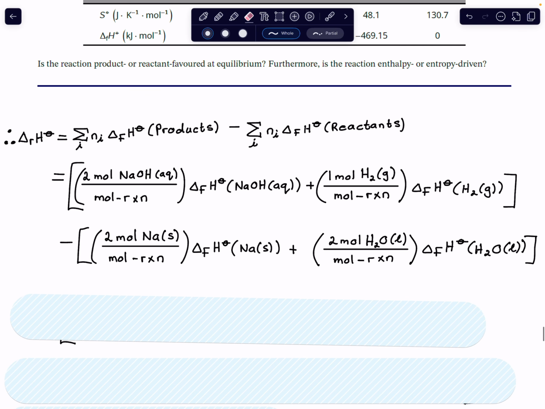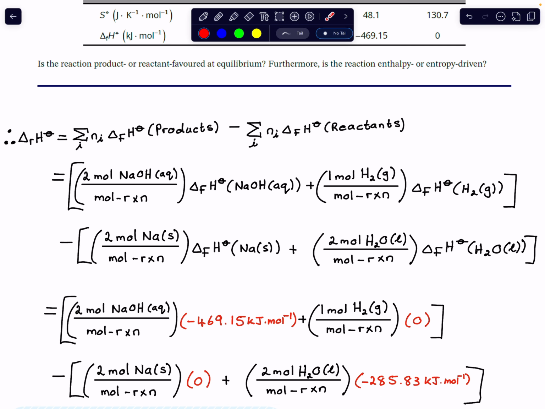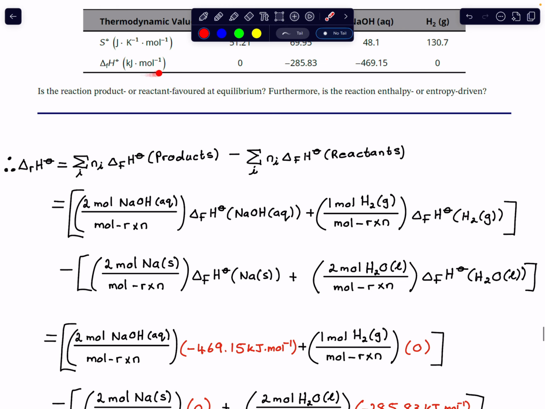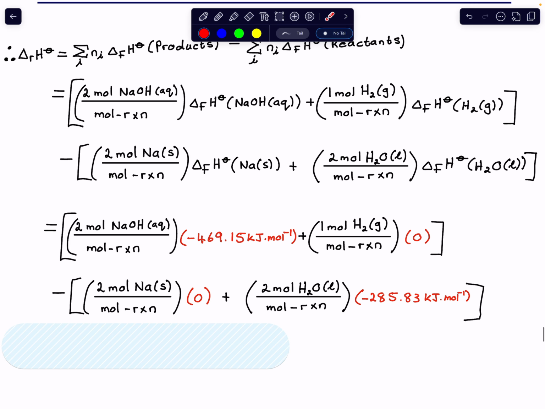If we put in those values, we remember to check the units. So we have mole per mole reaction multiplied by kilojoule per mole. Enthalpies of formation are in kilojoule per mole. The units of a stoichiometric coefficient are mole per mole reaction. You should see that the mole cancels with the per mole, and we're left with kilojoule per mole reaction.